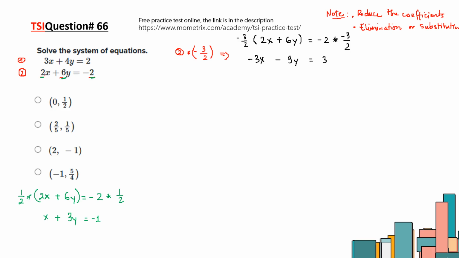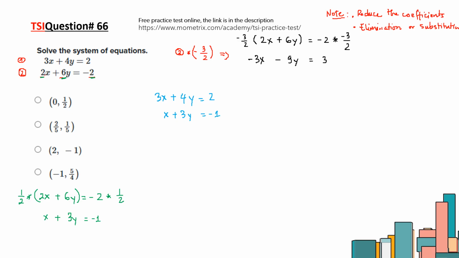After that, when I compare to equation number 1, I have 3x plus 4y equals 2, and the equation 2 right now is x plus 3y equals negative 1.